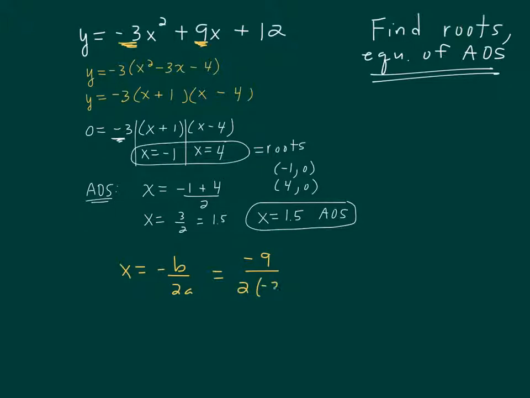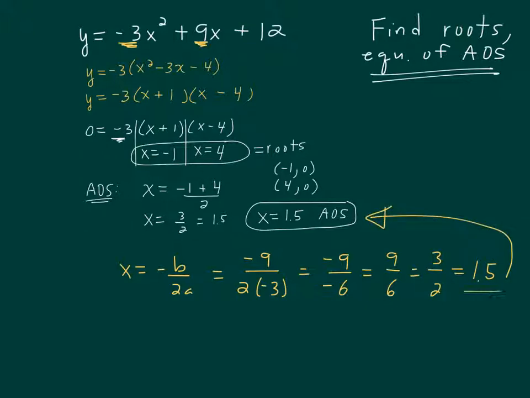Our a is negative 3. That gives us negative 9 over negative 6, which is 9 over 6, or 3 halves, which of course is the same as what we got when we found our roots. So of course you're not going to be expected to do it multiple ways, just showing you that you will get the same thing in the end.